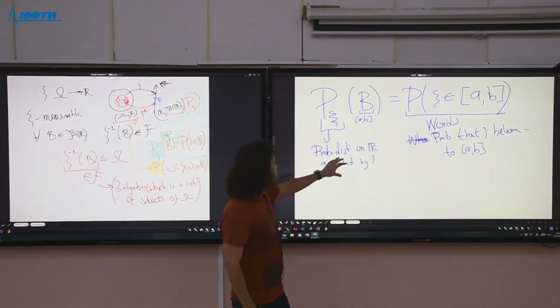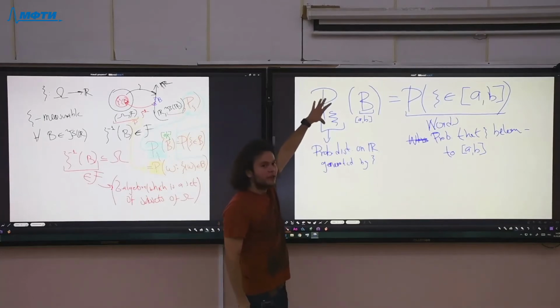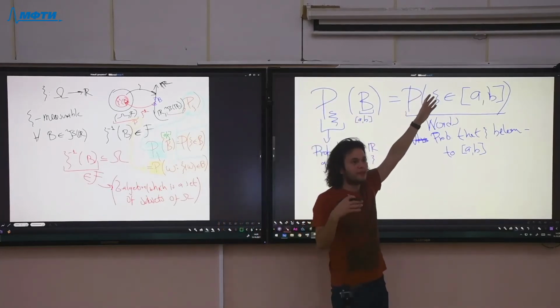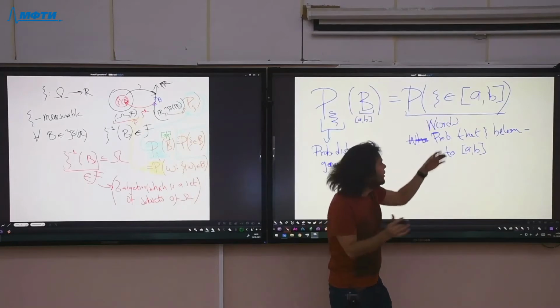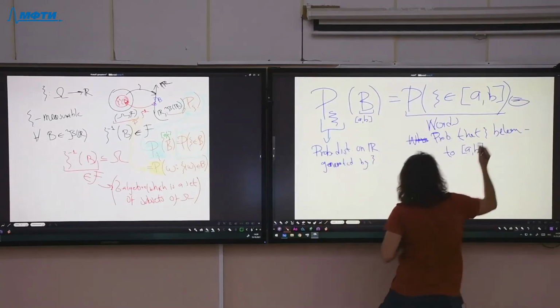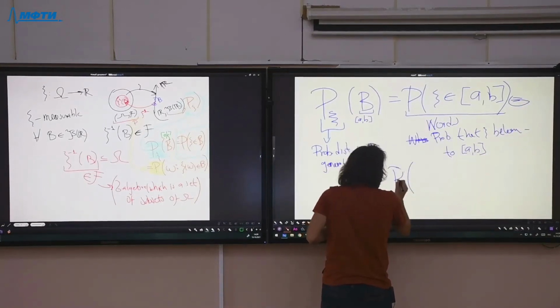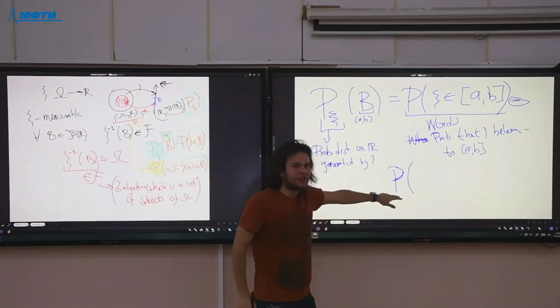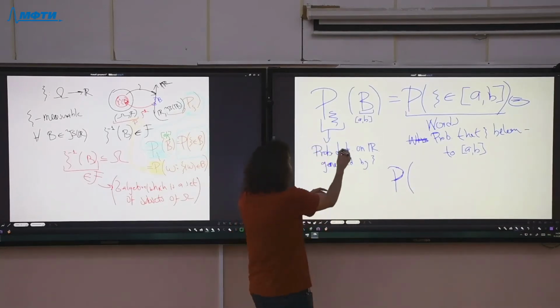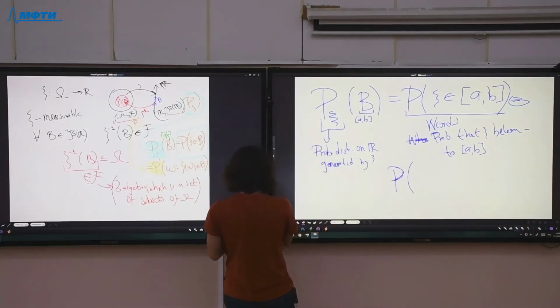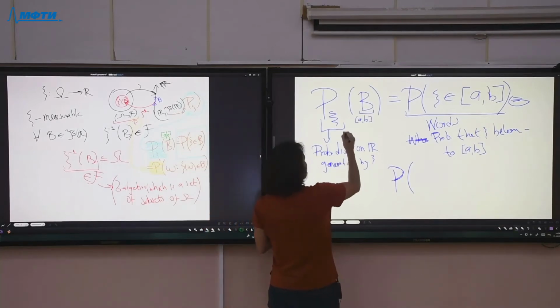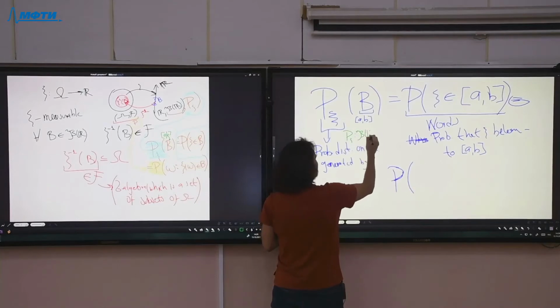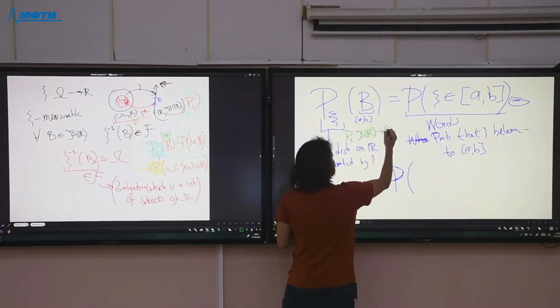So this is a function. This is just probability in words, the meaning, and this is equal to the measure. Now this is again a function, from the Borel sigma algebra to 0 and 1, right?